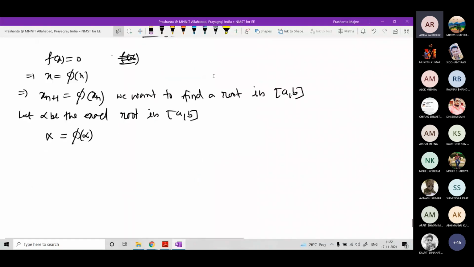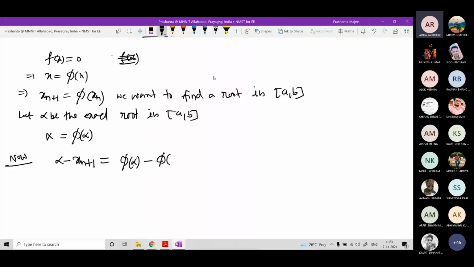So look at this expression. Alpha minus xn plus 1. That will be equal to phi of alpha, since alpha is phi of alpha. And what is xn plus 1? Phi of xn.